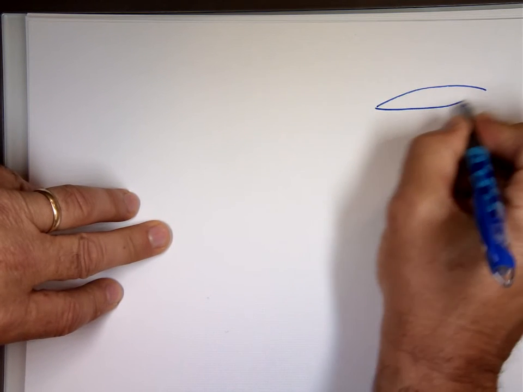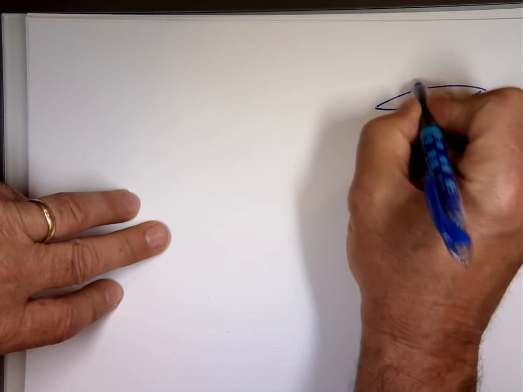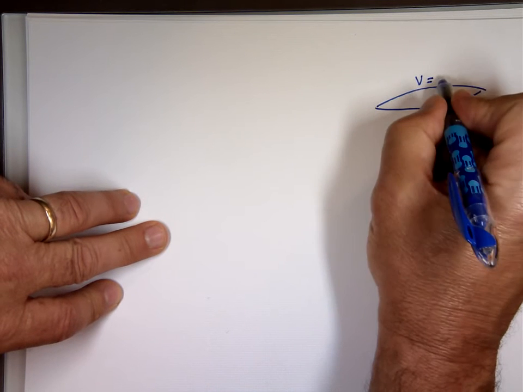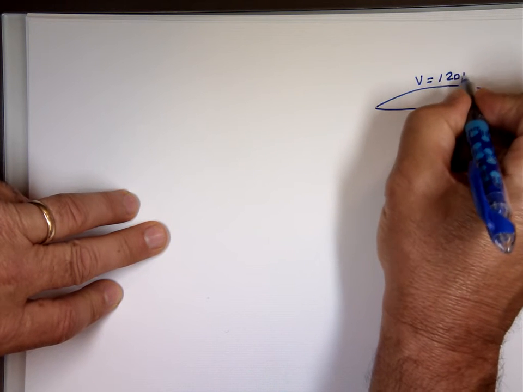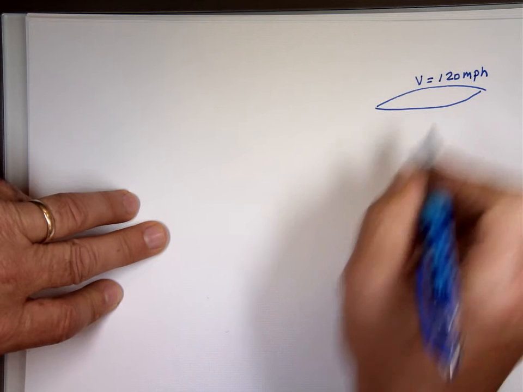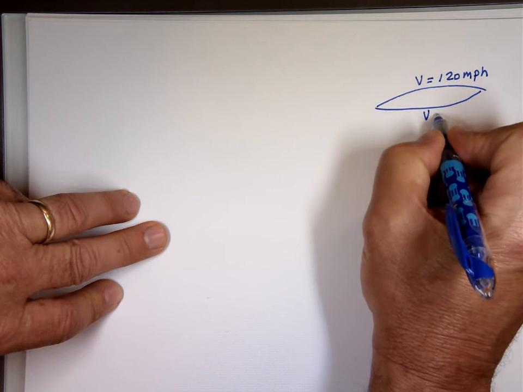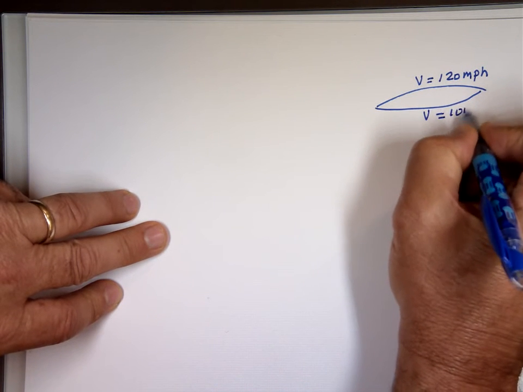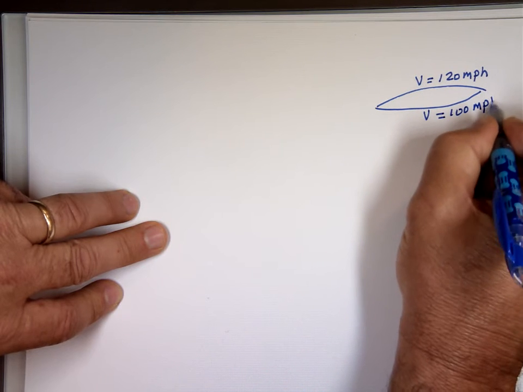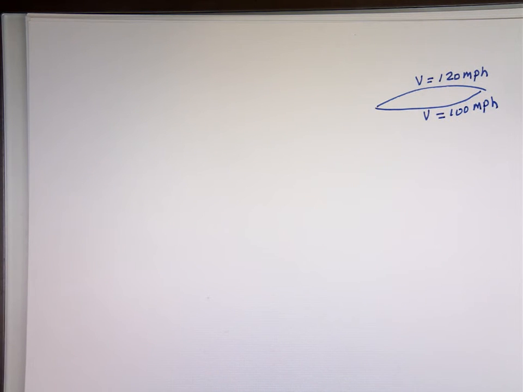Let's say we can make the velocity of the wind on the top 120 miles per hour. Just an example here. But the velocity on the bottom here, we can make it 100 miles per hour. The wings of the airplane are not that thick, so there's really not much difference in height.